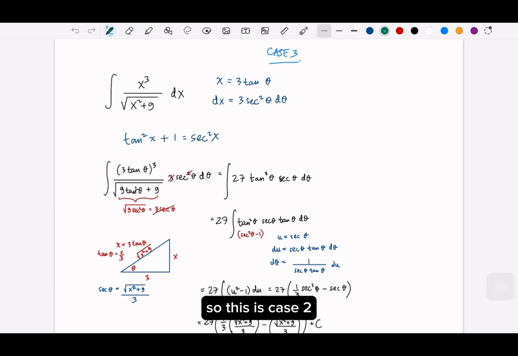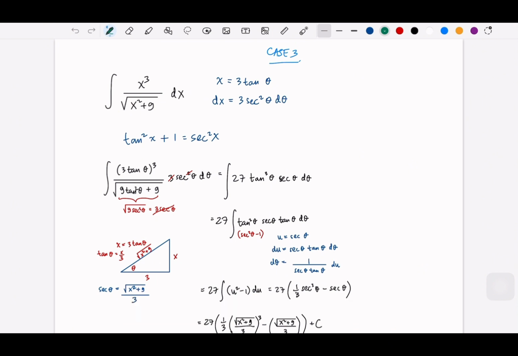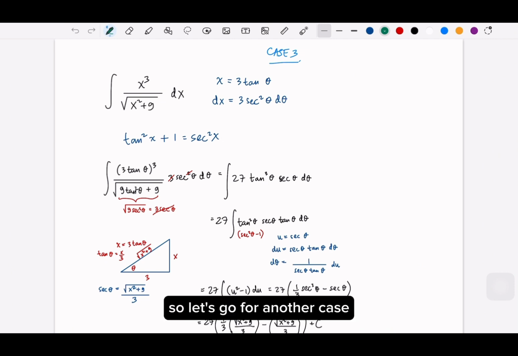So this is case 2, which is the constant minus the variable x. So let's go for another case.